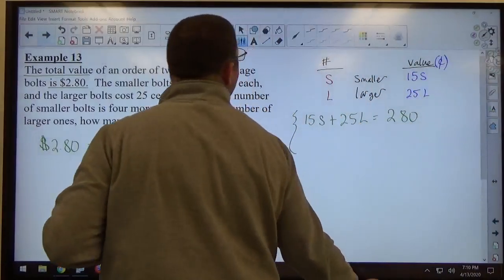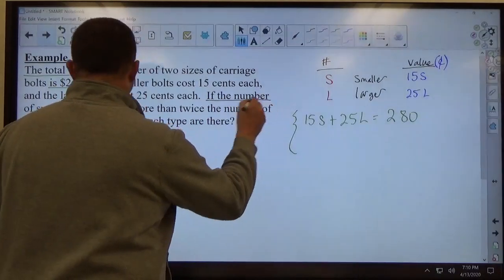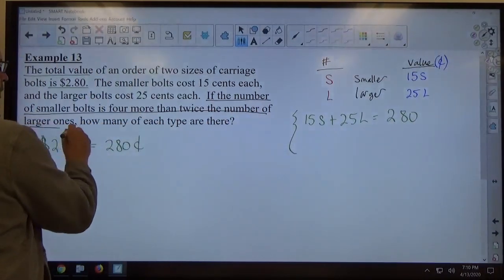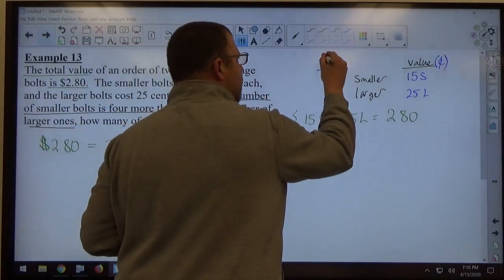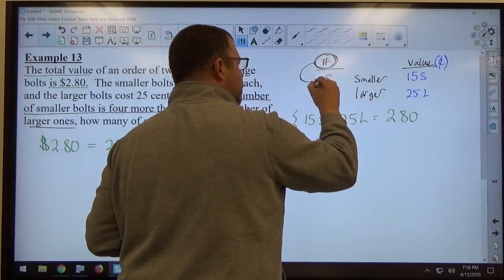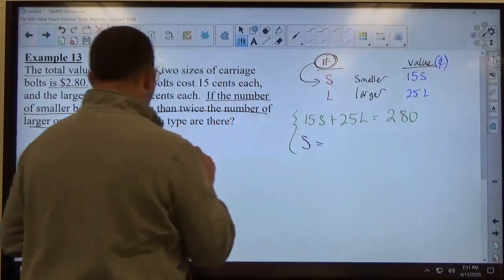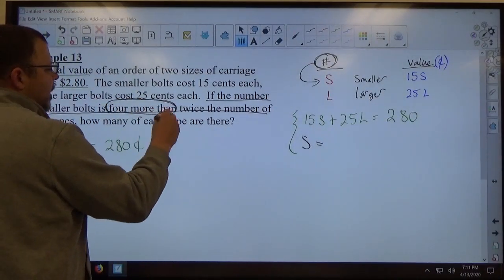The second fact given in the problem says the number of smaller bolts is 4 more than twice the number of larger ones. So the number of smaller bolts, S, equals, once again, I notice 4 more than. We don't care about more than or less than yet.